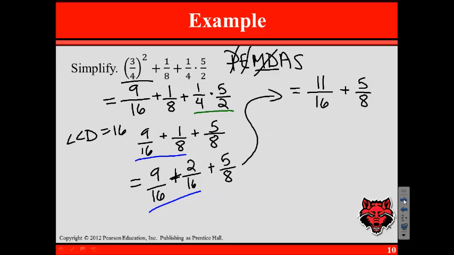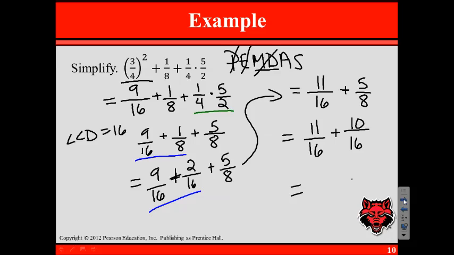Again, before we can add these two fractions, we need a common denominator. We already found that the least common denominator of 8 and 16 is 16. So 11 over 16 will stay the same. 5 over 8 will be written as an equivalent fraction with a denominator of 16. We do so by multiplying the top and bottom by 2. That becomes 10 over 16.